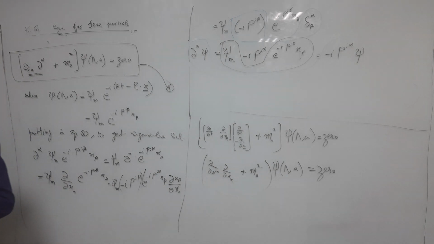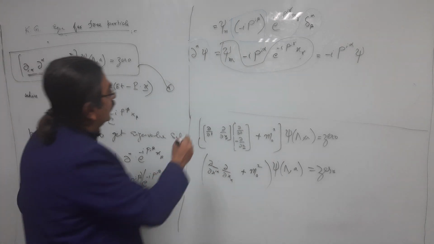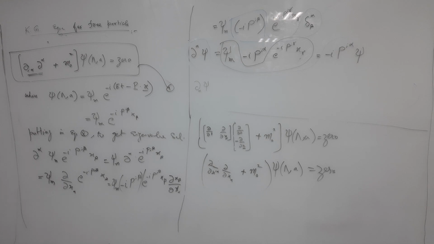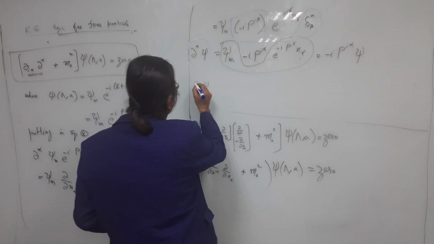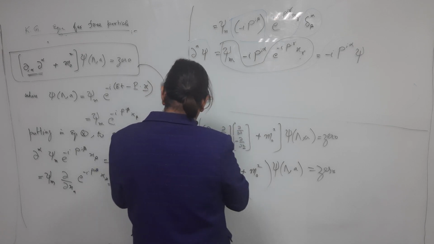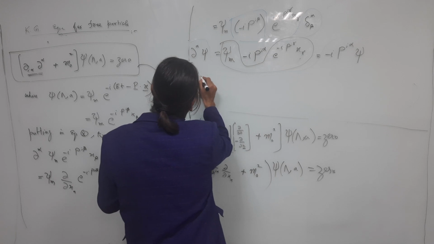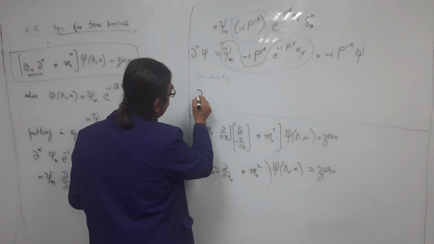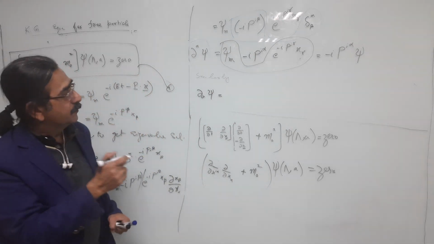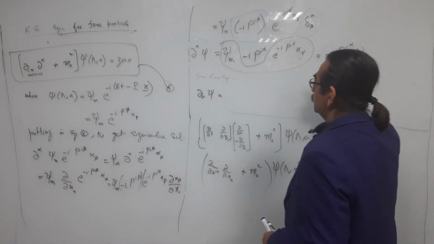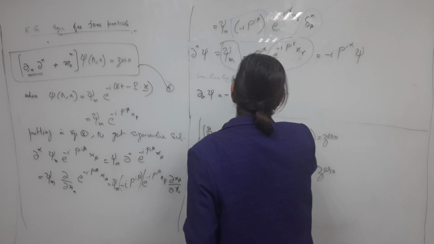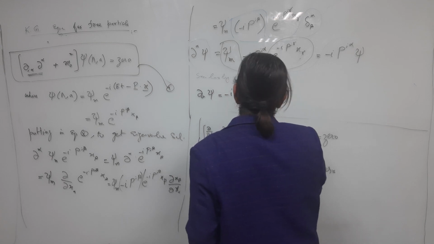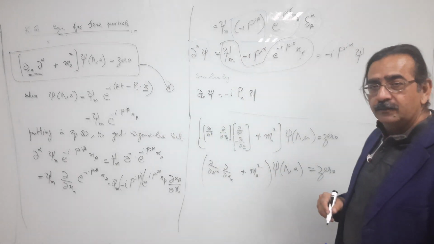Got it? And if we consider covariant in a similar way, we get it in covariant form. Similarly, psi alpha, this will be equal to this if it is covariant. Okay?